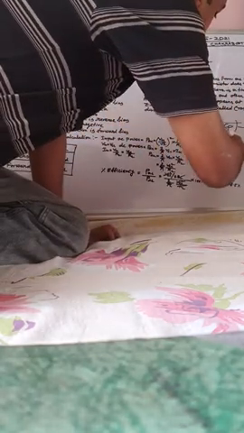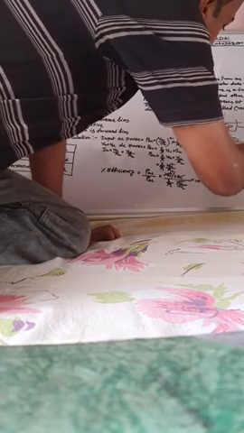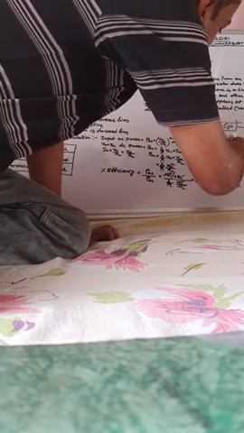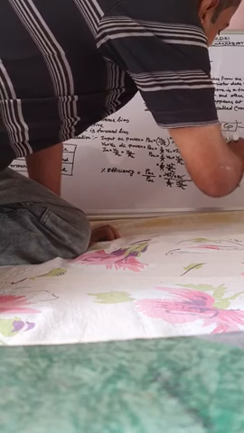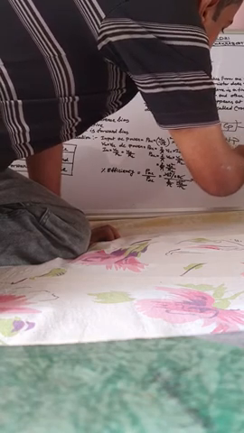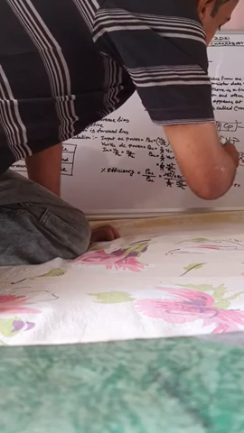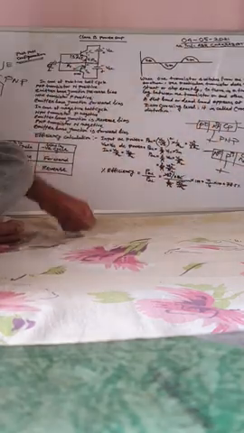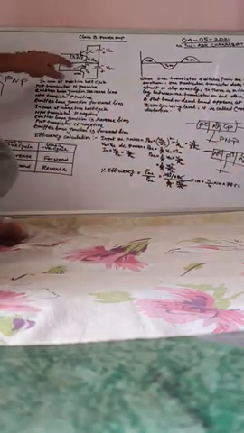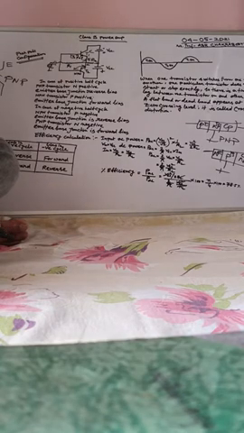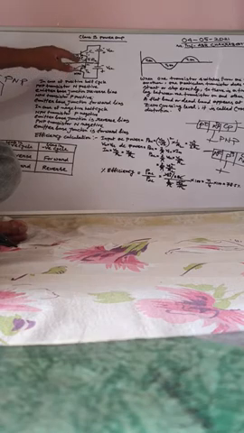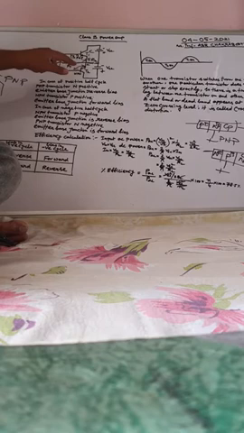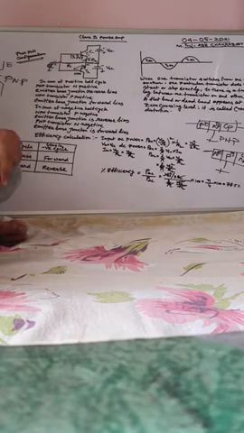This is the NPN transistor: emitter, base, collector. P is connected with positive in the first positive half cycle. So the emitter base junction is forward biased in the positive half cycle.